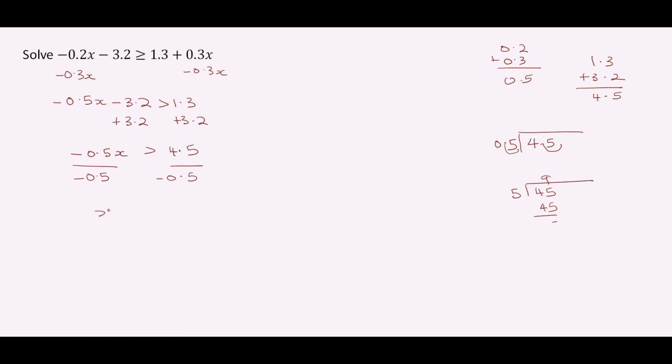So x, because it's greater than, so we're going to use less than negative 9. So number line, we got 0 here, we have negative 9, so x is less than negative 9, goes in that direction.